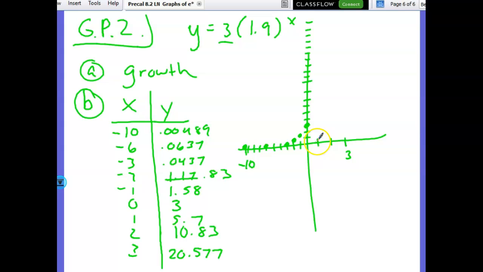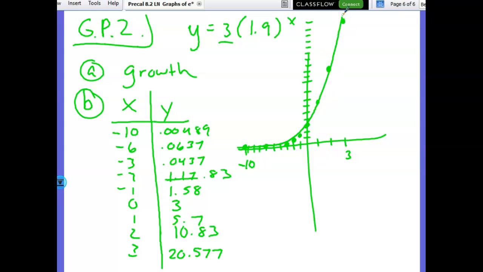All right, so at 1, we are going to be at 5.7. At 2, we're going to be 10.83. And then at 3, we're going to be way up here at 20.